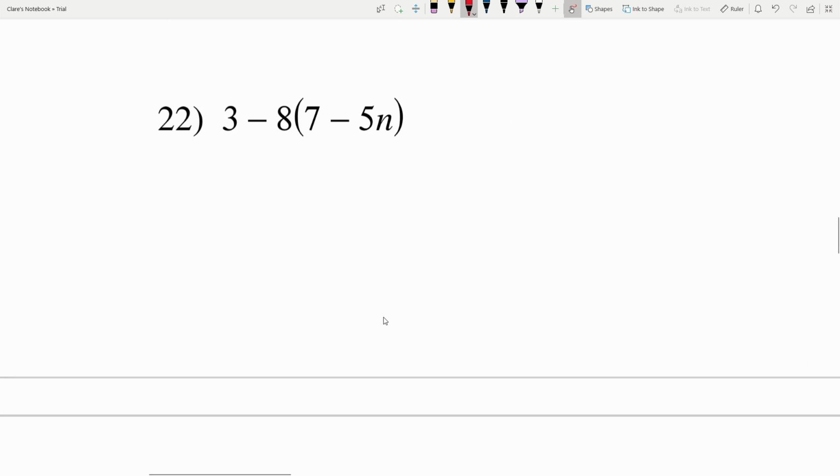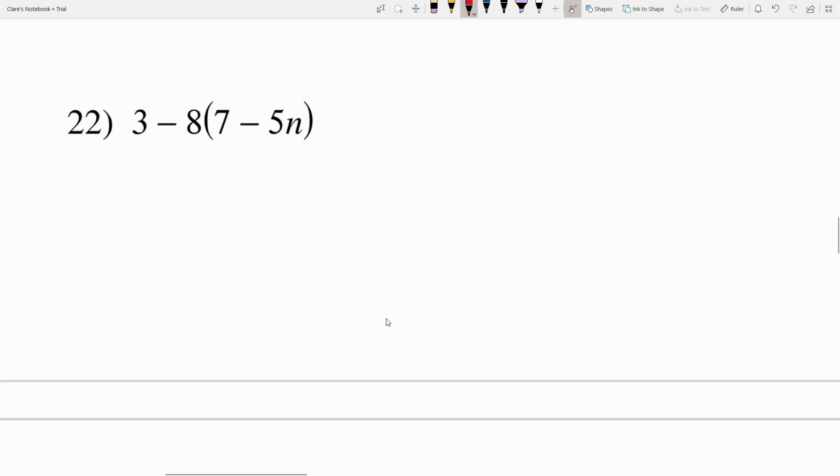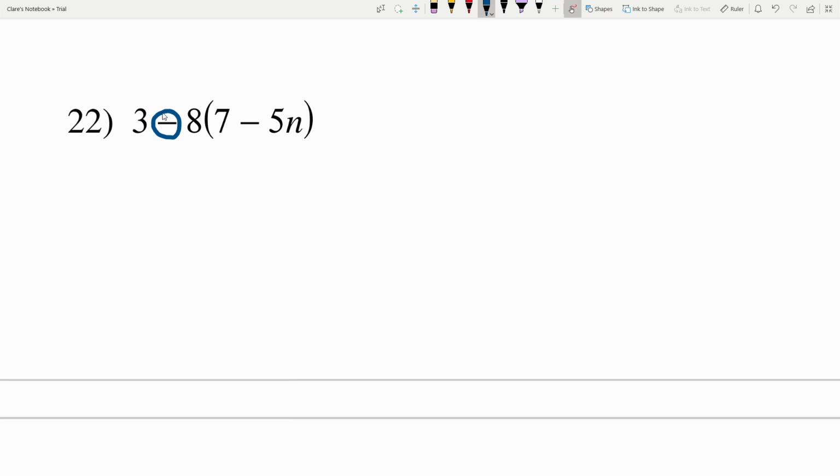And lastly, number 22. In number 22, 3 minus 8 times the quantity 7 minus 5n. Now, because I have subtraction out here, I'm subtracting this entire quantity. So within here, we're going to change it to a positive when we distribute that 8, because it's kind of like distributing a negative 8. So 8 will go with 7 and 8 will go with 5n.